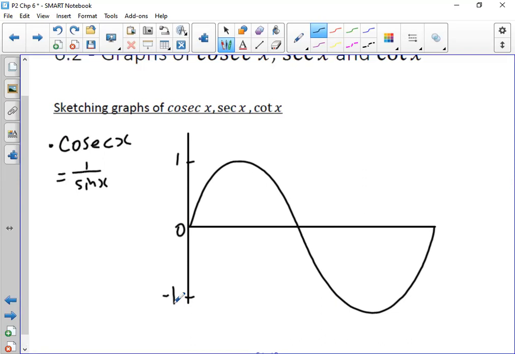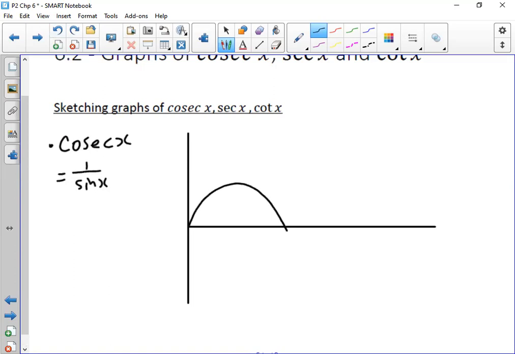Try to make it a bit flatter, but you've got space on your notes. So that's 1, 0, -1, and the angles are pi over 2, pi, 3 pi over 2, and 2 pi.